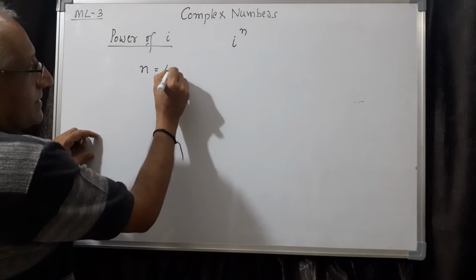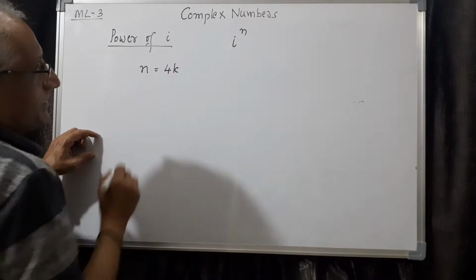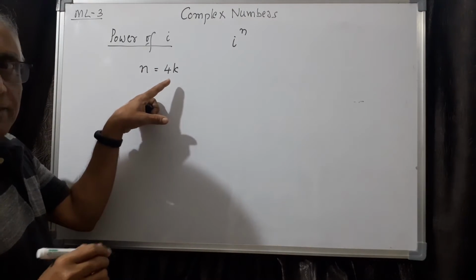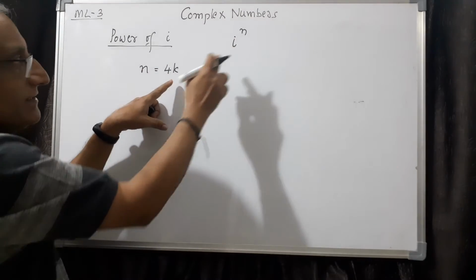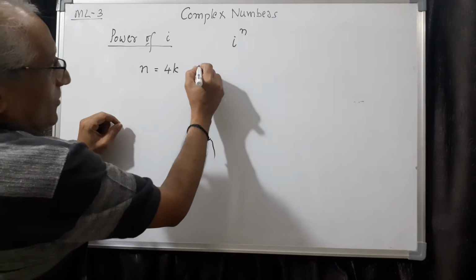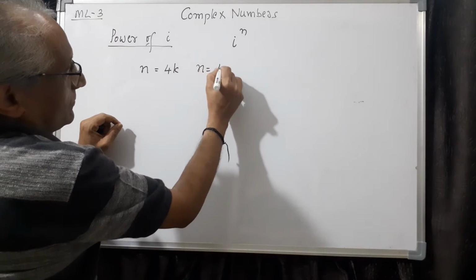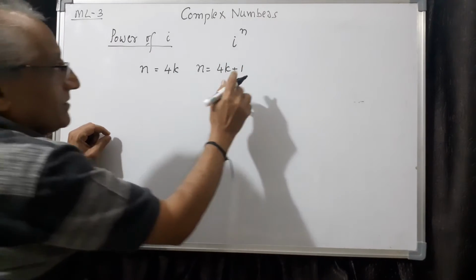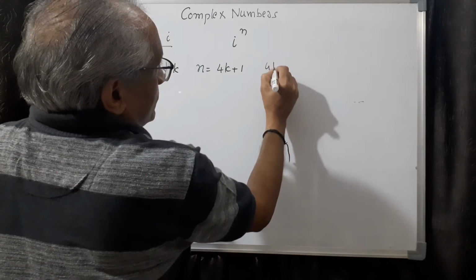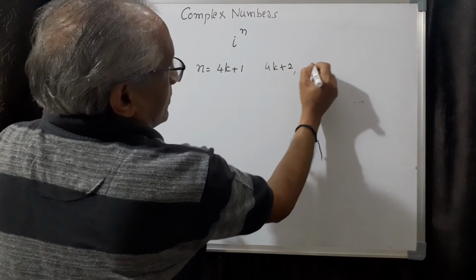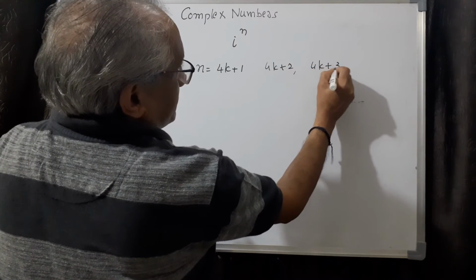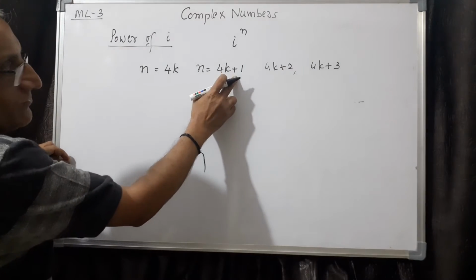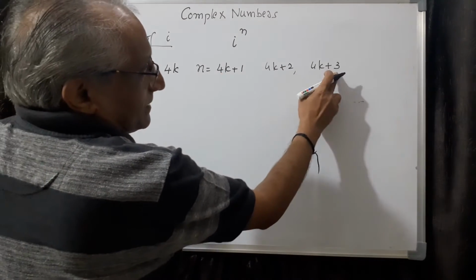n can be written as either 4k, if it is exactly a multiple of 4, for some k. For example, 100 is 4 into 25. Or it can be n equal to 4k plus 1. That means it may leave the remainder 1. Or it may be 4k plus 2. Or it may be 4k plus 3. So these are the possibilities: remainder 0, remainder 1, remainder 2, remainder 3.